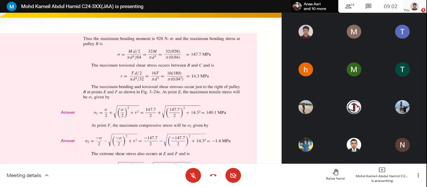The maximum torsional shear stress occurs between B and C, and tau is equal to 16T divided by pi d cubed. T is 180, the shaft diameter is 0.04, so you get 14.3 megapascal.